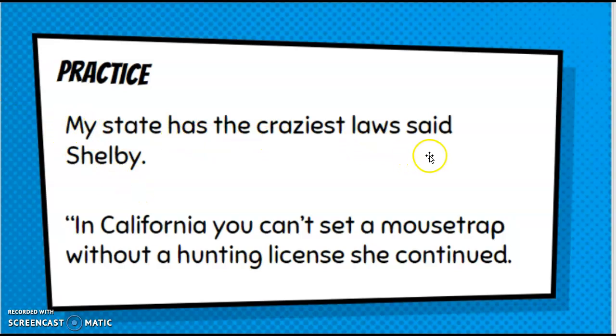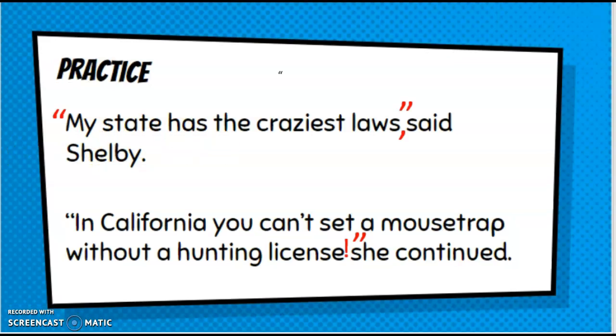So, "My state has the craziest laws," said Shelby. And then I have one that says, "In California you can't set up a mousetrap without a hunting license," she continued. You'll see here that "said Shelby" is going to be my tag. That's my speaking tag. "My state has the craziest laws" is a complete sentence, but I have a tag after it. So when I correct it, I'm going to put my quotes, and a comma between the quote, or what was being spoken, and my speaking tag.